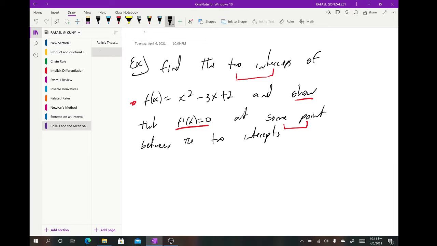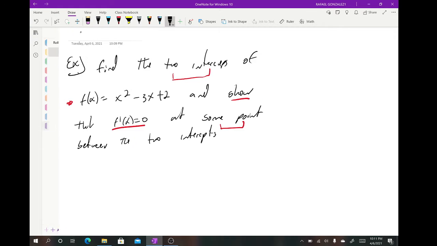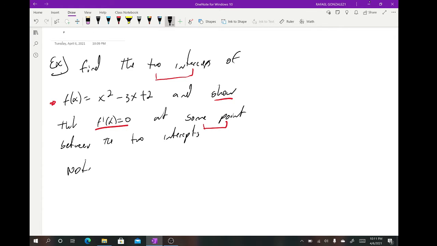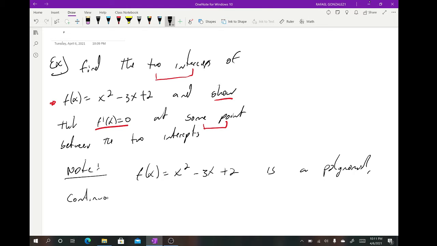Now, the first thing I want you to note is that f of x is equal to x squared minus 3x plus 2, which is a polynomial. Polynomial functions are continuous on their domain.